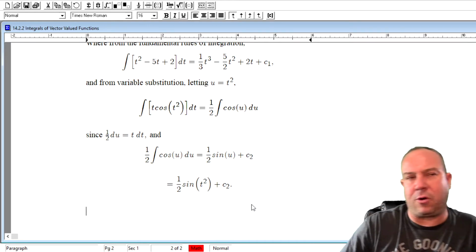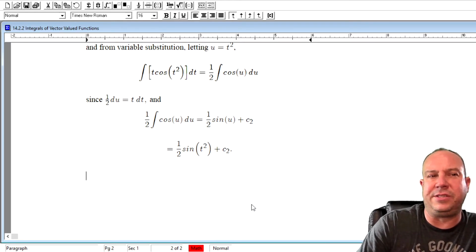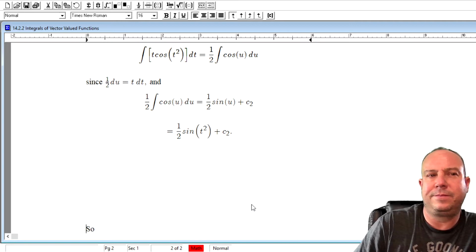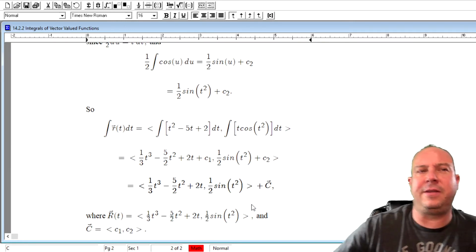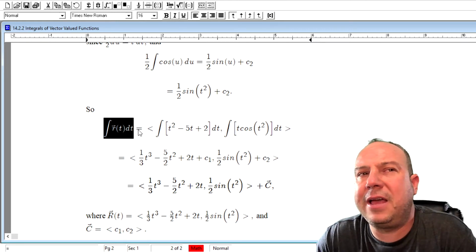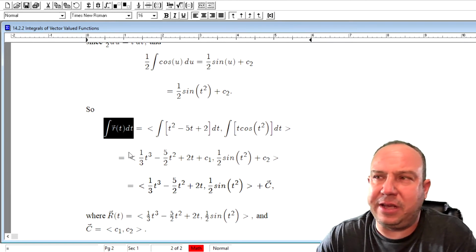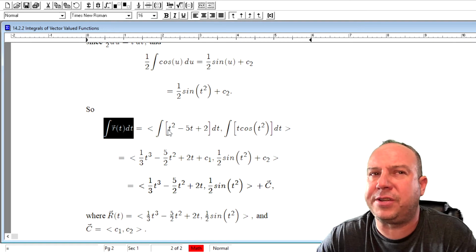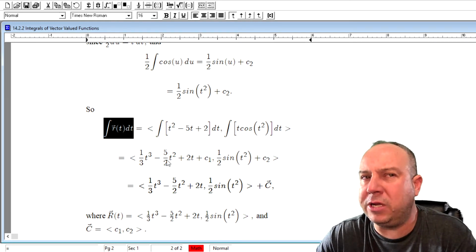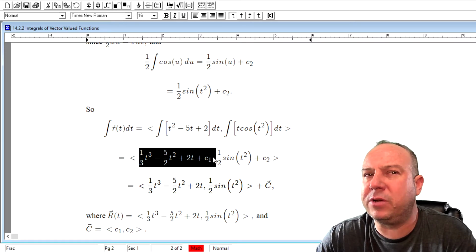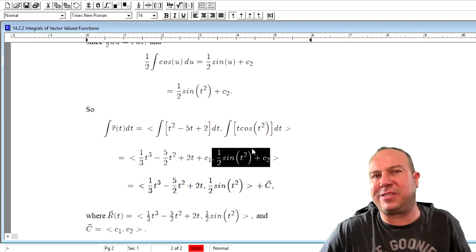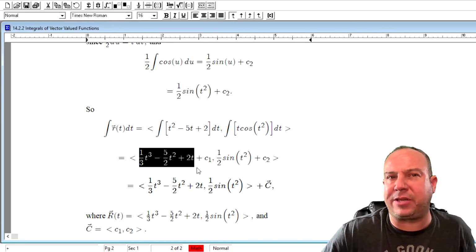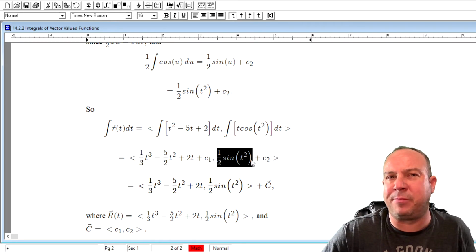Now, if we go back and organize that in our final result, when we think about then the actual antiderivative or indefinite integral calculation of r bar of t, and when we distribute it across those two components, this would be the result found in each component. You'll notice it has the antiderivative calculation plus some constant in each component.